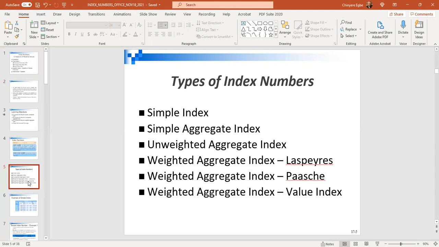Now, aggregate means that let us say you are looking at a basket of goods that you consume as an individual. You have clothing, you have medication, you have food, you have transportation. And so if you try to get an index, say of prices or of quantities, you measure an unweighted aggregate index of the prices of all these goods combined.